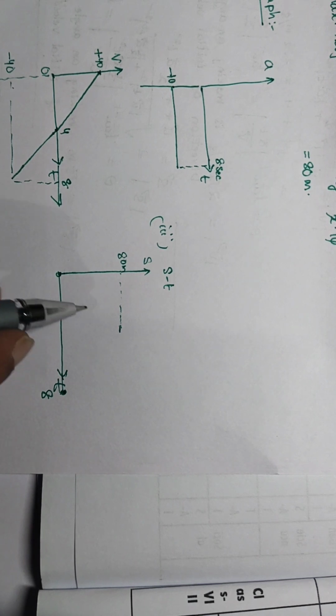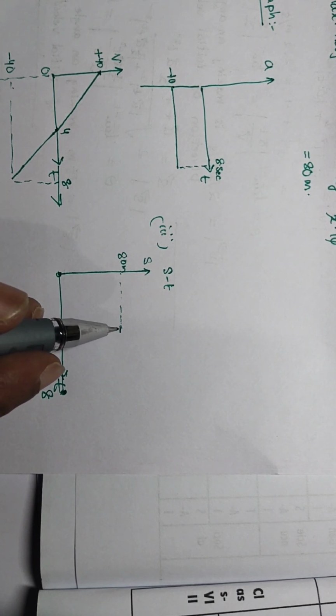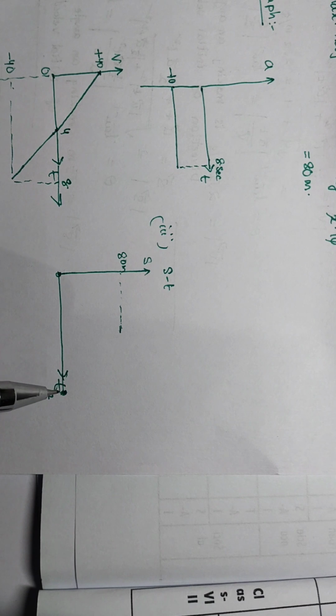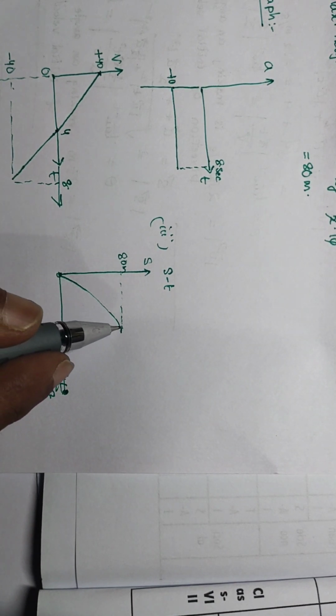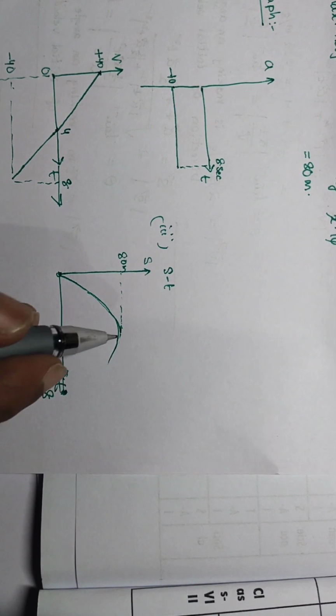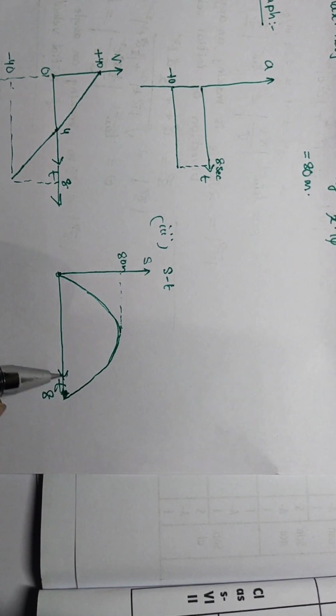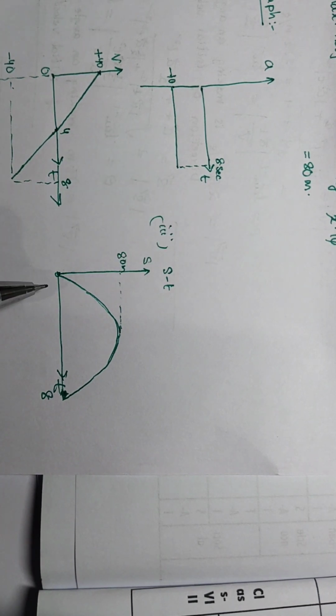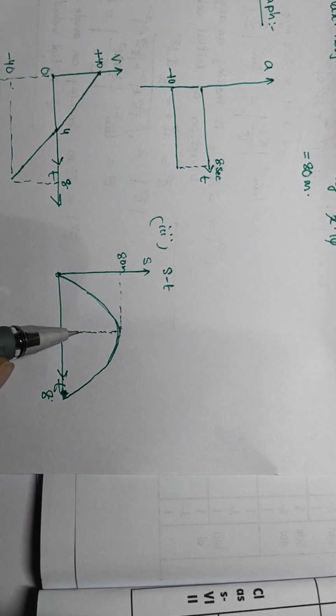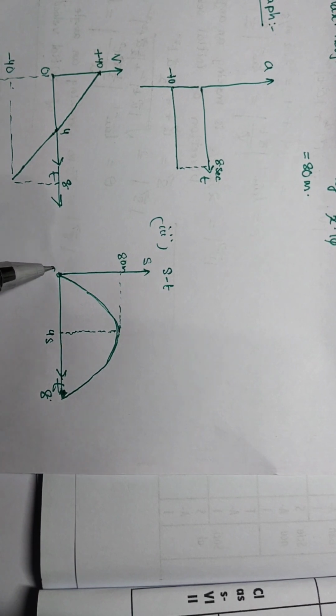So it starts here, reaches maximum height, and comes back like this. So this is the ST graph for this motion, right? The maximum height is 80 meters, and the time will be 4 seconds. So thank you.